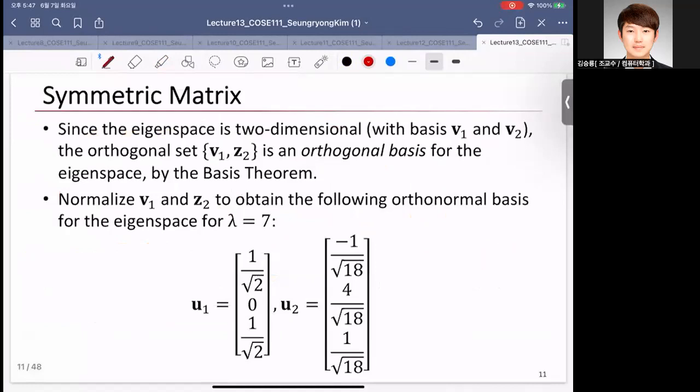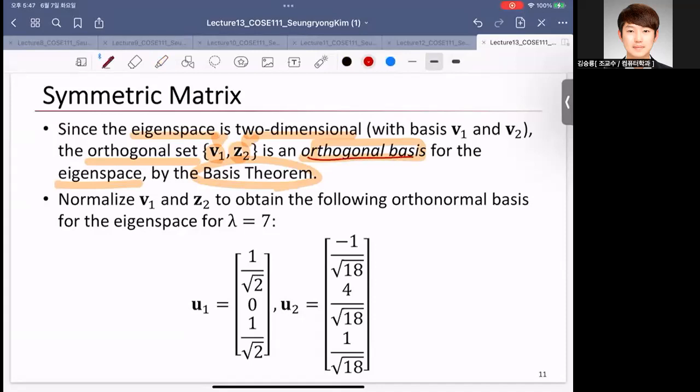So the orthogonal set V1, Z2 is also an orthogonal basis for the eigenspace by the basis theorem, because the eigenspace is two-dimensional.